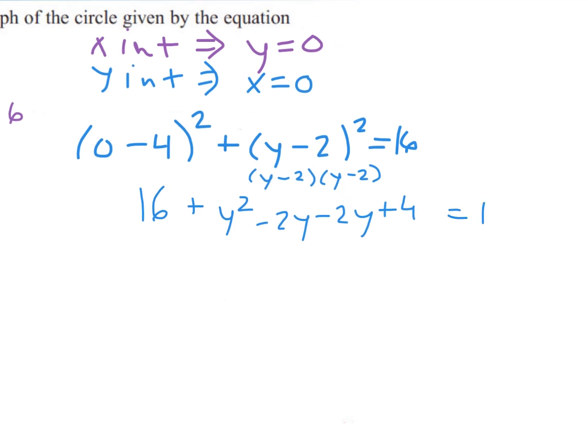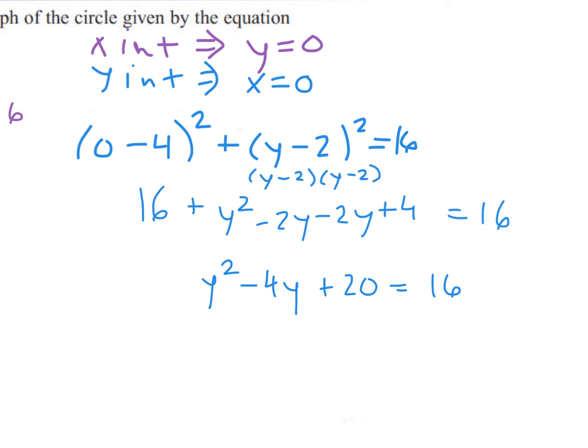And that's equal to 16. What should we do next? Combine like terms. So I have y squared minus 4y plus 20 is equal to 16.